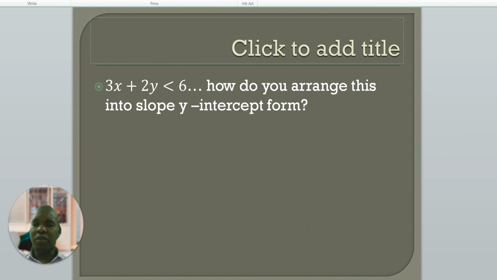For example, you might be given an inequality like this one here. For simplification, we put it in the form y equals mx plus c. How do you do it? You are going to make y the subject. So I'll be having 2y is less than negative 3x plus 6.